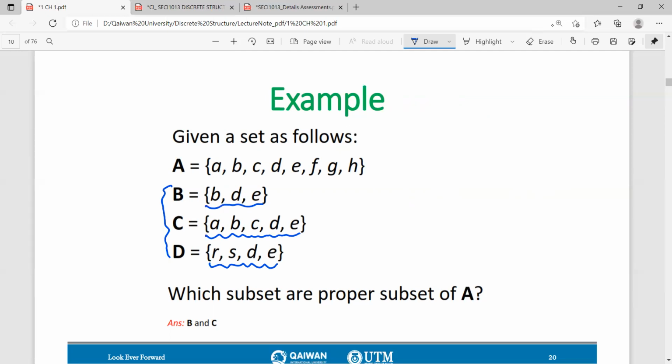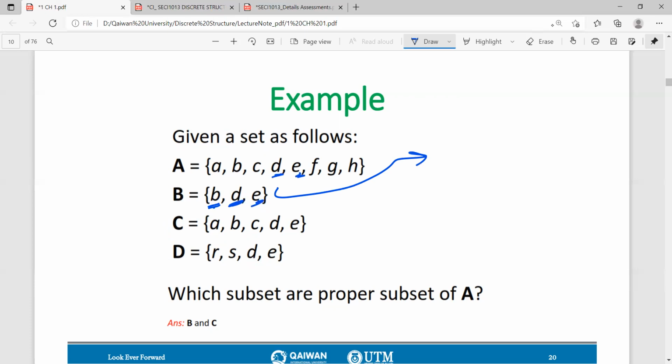Let's check from the first one. Here, can you find B in A? Yes. Do you have B in A? So you can find this element in it. And we also have this element here, E also.